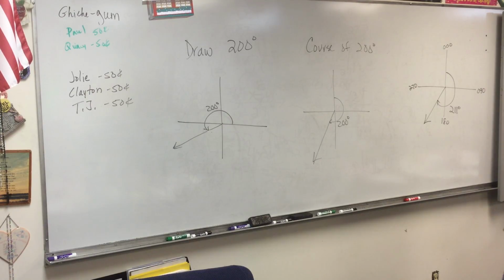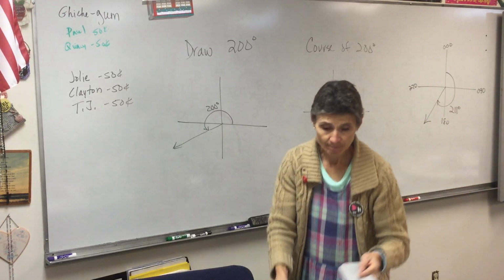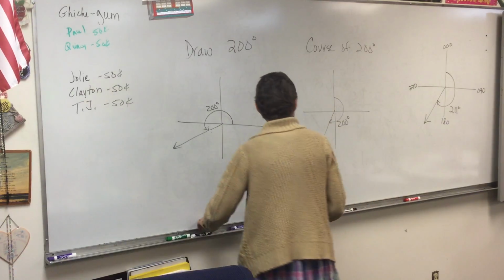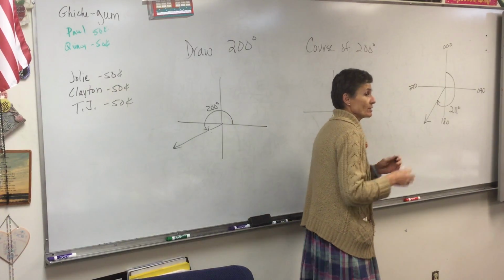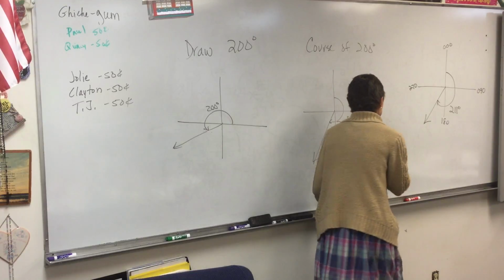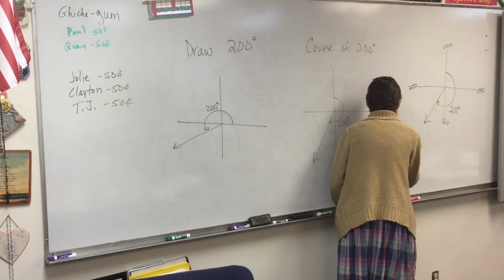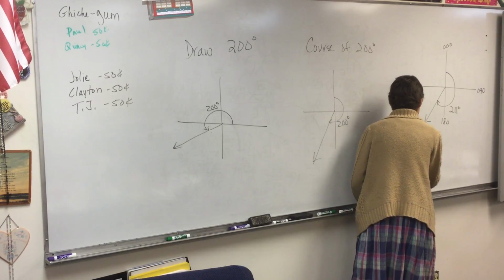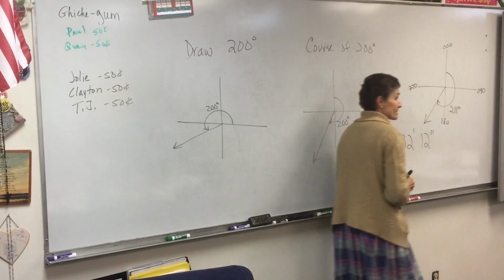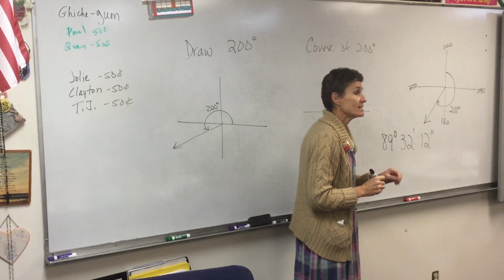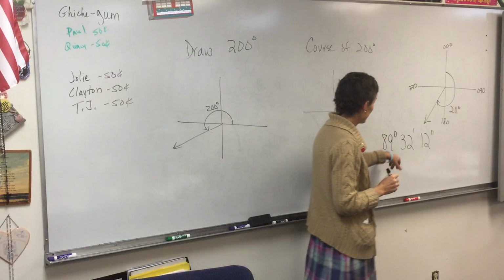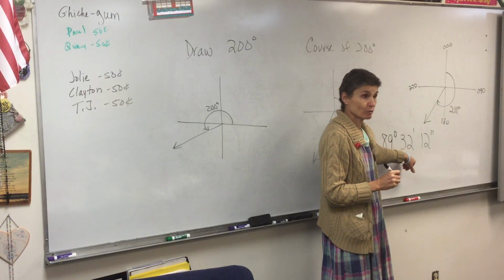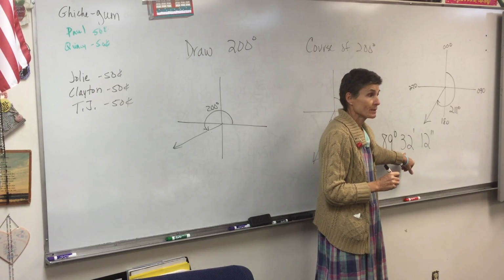One more comment before you escape for lunch. There are some problems that will say things like round to the nearest minute. So if you got an answer like 89 degrees, 32 minutes, and 12 seconds, rounded to the nearest minute, that would be 89 degrees and 32 minutes.